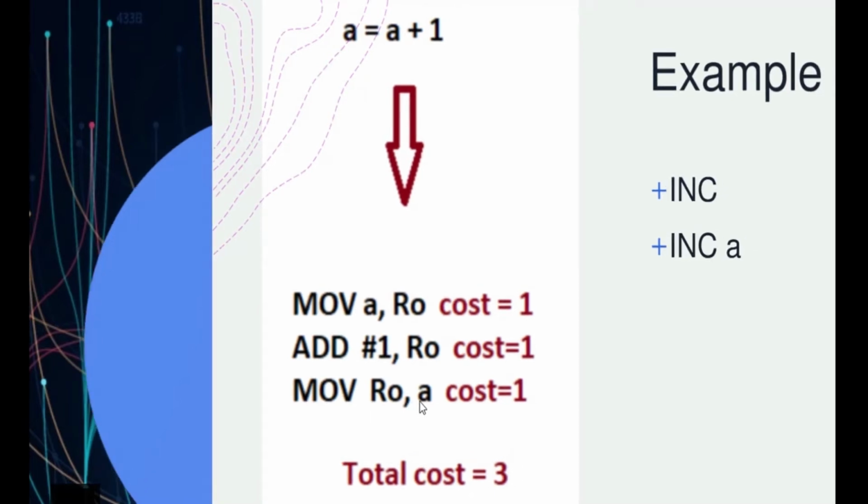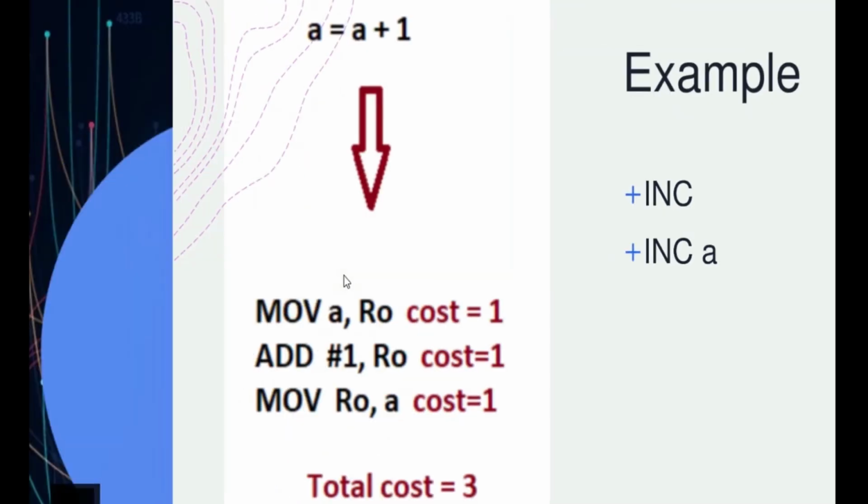Alternatively, if the target machine has an increment instruction INC, which is also an instruction, then we can directly write INC a.